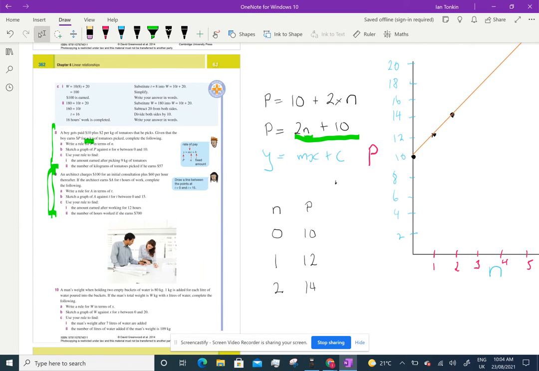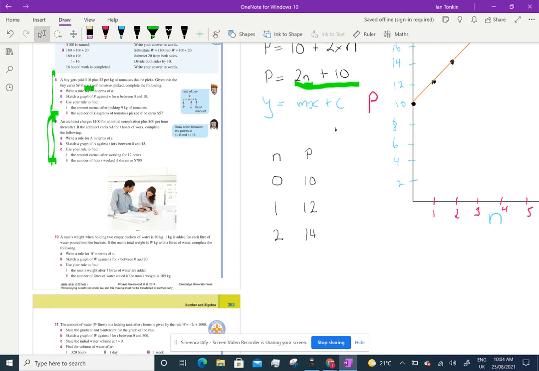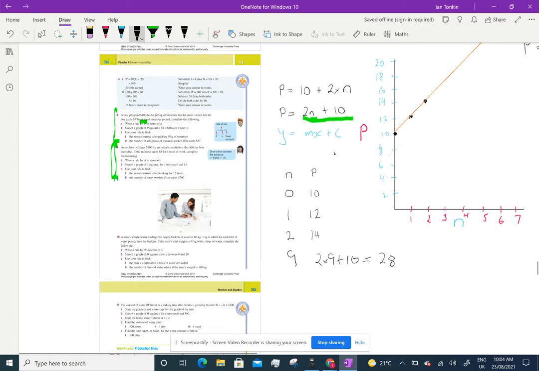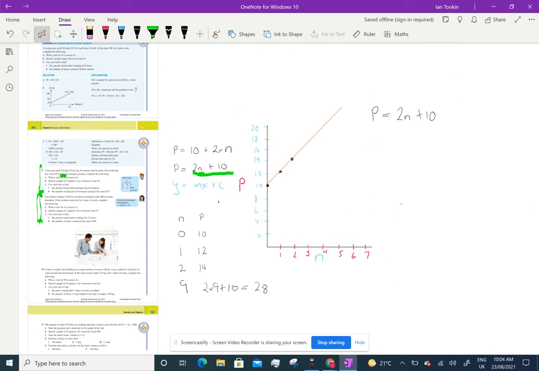Now over here, use your rule to find the amount for picking 9 kilograms of tomatoes. Well, we've got the rule, so we just put 9 there, and P equals 2 times 9 plus 10. That equals 18 plus 10, 28 bucks. If he picks 9 kilograms of tomatoes, he gets 28 bucks. Now, our graph hasn't gone that far, but you could see it'd be way up there.